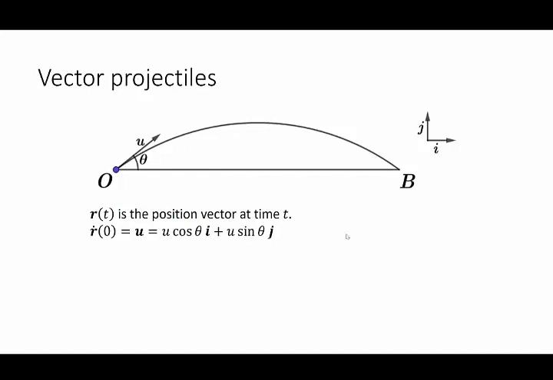So looking at the relationship between those in terms of differentiating and integrating. So here I know, if I'm told that we have something being shot out of a cannon, thrown, whatever it is, with speed u at an angle of theta above the horizontal, then I can put that into vertical and horizontal components, and I could write it as u cos theta i plus u sine theta j. So I know that that is what's happening at time 0.